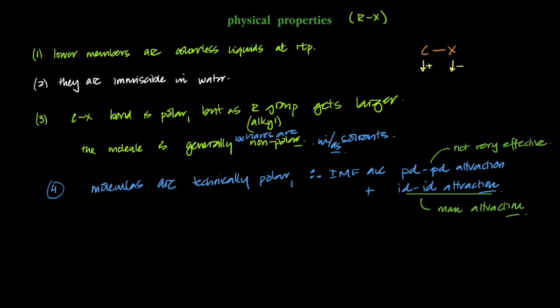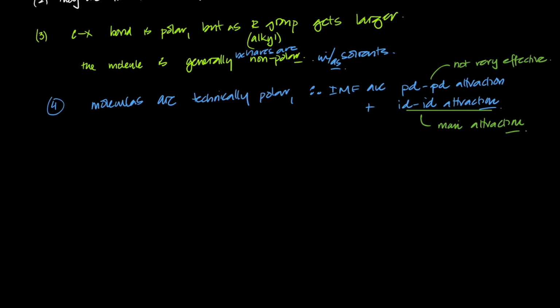Obviously you have the chloroalkanes, bromoalkanes, iodoalkanes. The most polar is chlorine, but iodine has the most electrons, and remember, it's all about electrons that determine the intermolecular force strength. So consider CH3CH2Cl versus CH3CH2Br versus CH3CH2I.